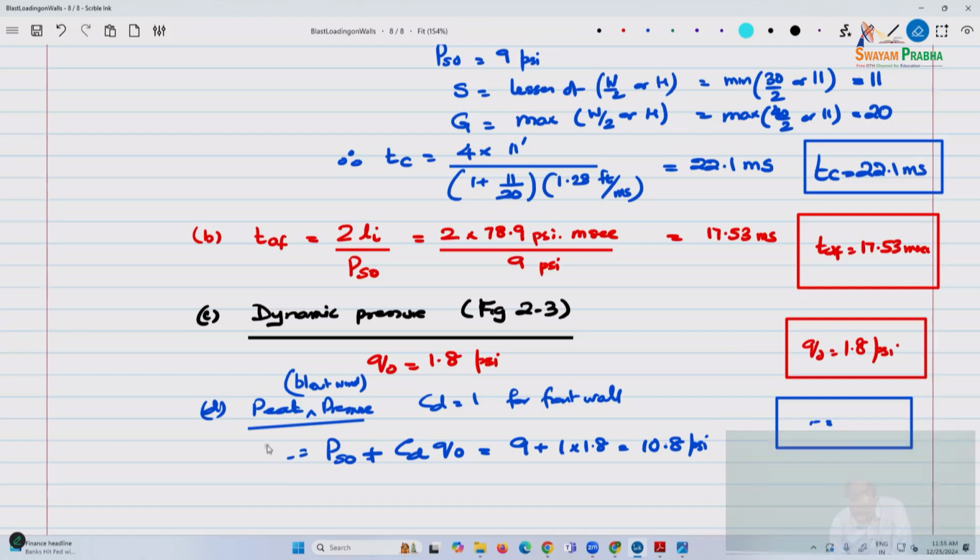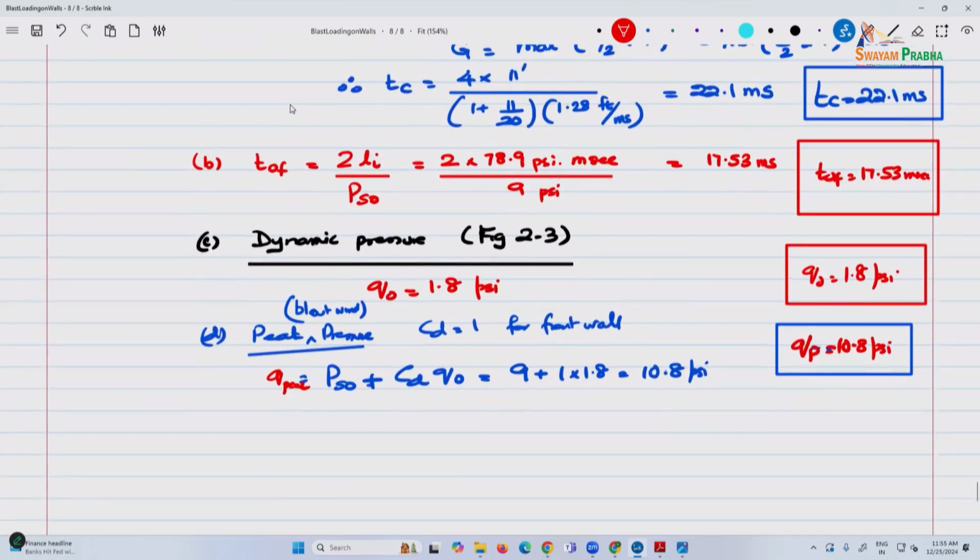So let's say Q peak. Then we calculate the equivalent triangular loading. This is for the reflected pressure. The reflected pressure, we have no modifications for that.